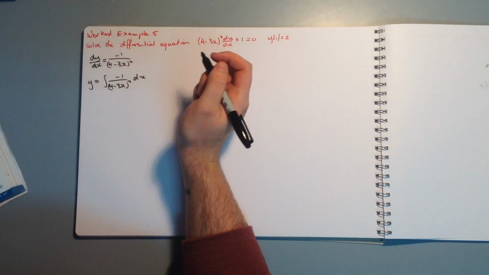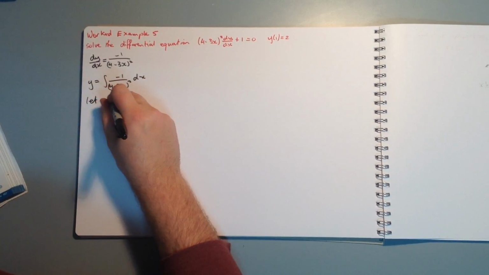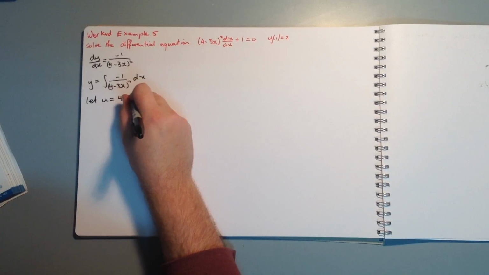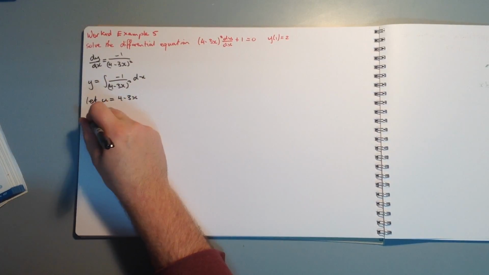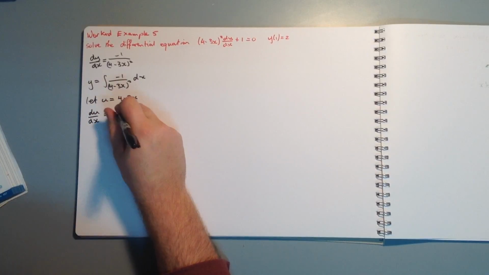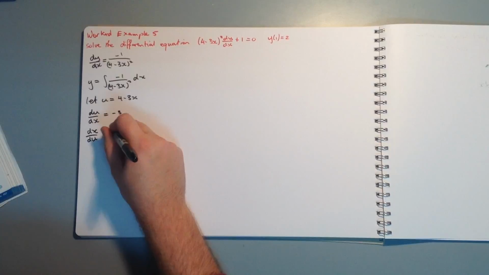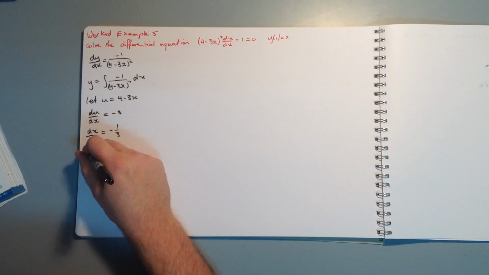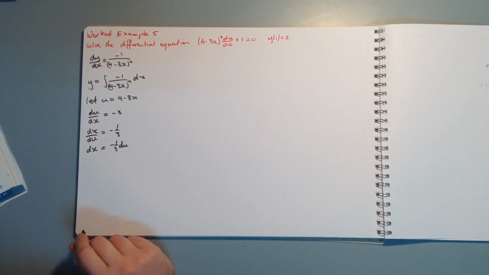We're going to say let u equal 4 minus 3x. Our du/dx is equal to minus 3. That means dx/du is equal to minus 1 on 3, so dx is equal to minus 1 on 3 du.